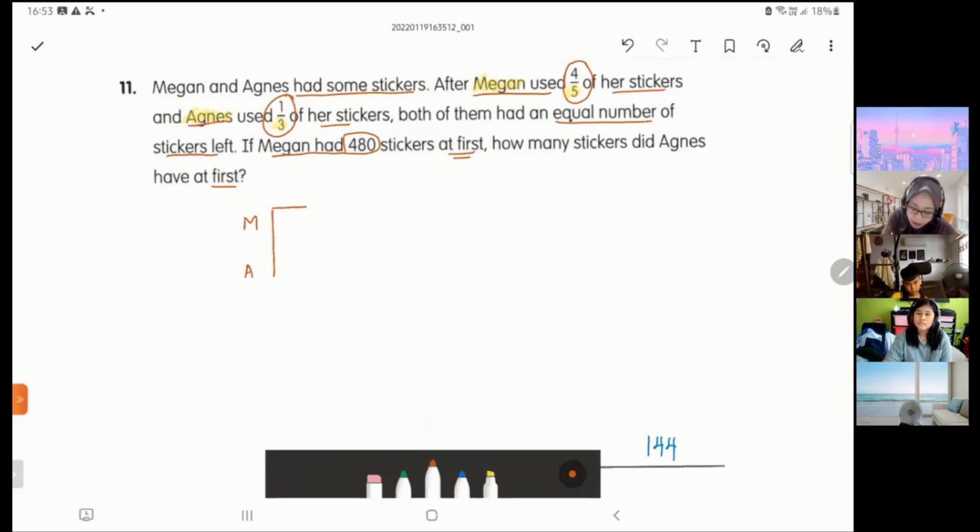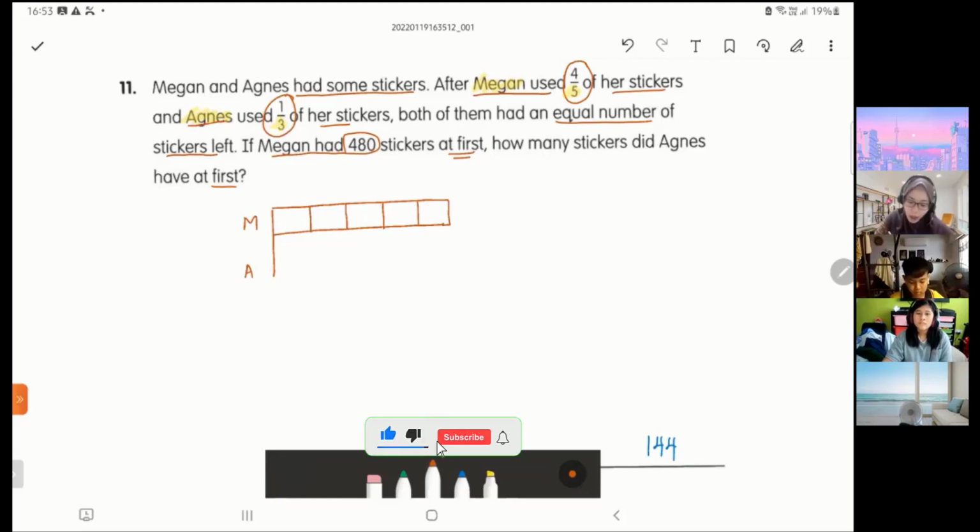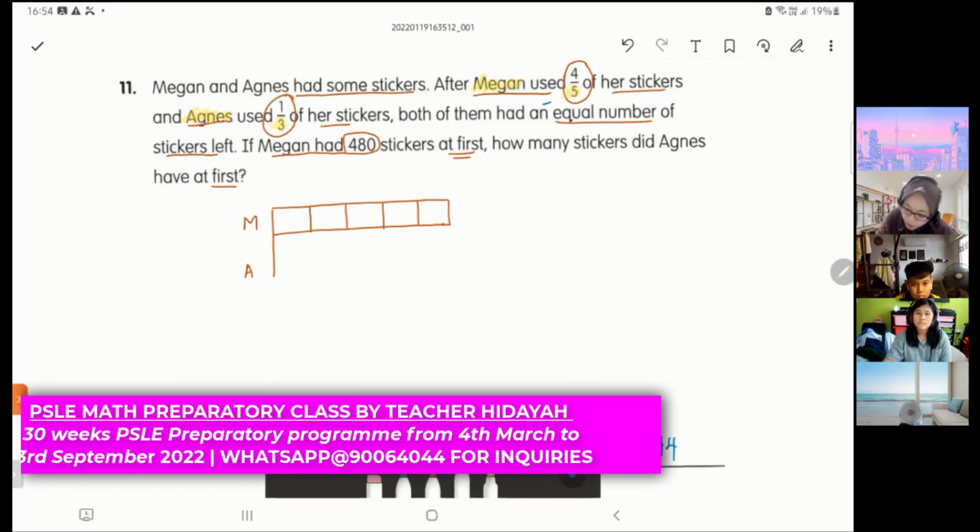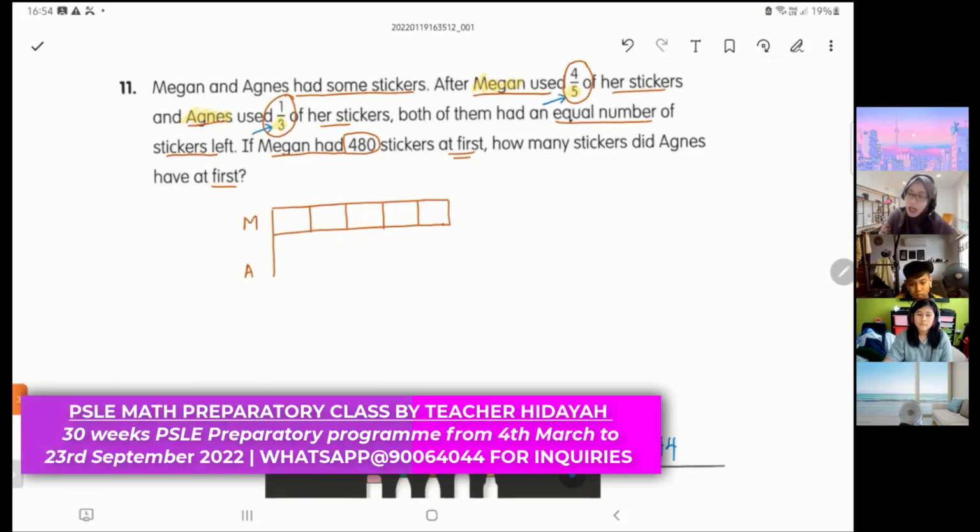So let's draw out Megan's 5 parts. 1, 2, 3, 4, 5. And then Agnes has 3 parts. How do I draw? You must know these 5 and these 3 are not the same.